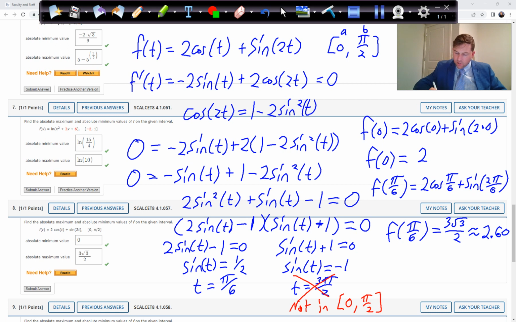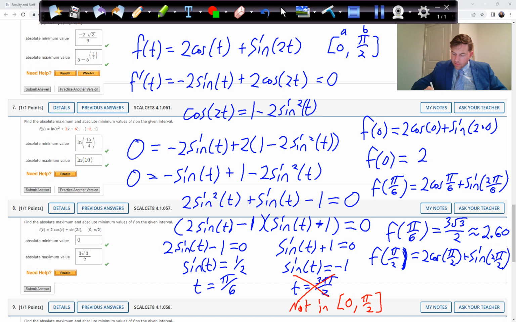Then the last one to check is the b value, the end of the interval. So we get 2 cosine of pi over 2 plus sine of 2 times pi over 2.